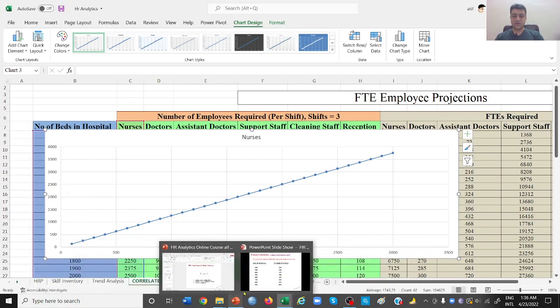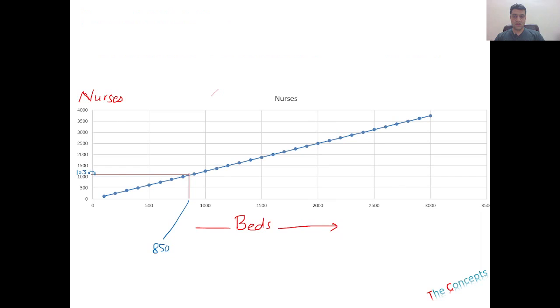So let's just take it to our slide. And here, if you look at this data, let's say if we require the number of nurses of a hospital of 850 beds, how many nurses will we be requiring?